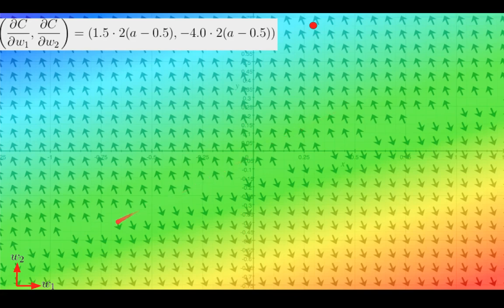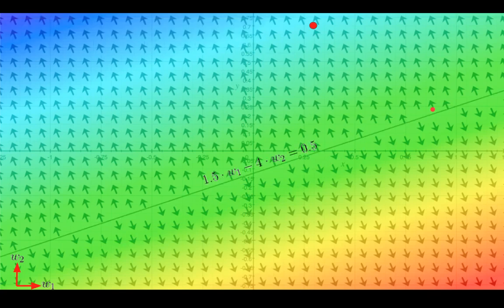As you can see, spoiler alert, the area where the minima are going to be is here. Actually, there is an infinite number of minima. So actually getting ahead of ourselves a little bit, but that's all right. Any pair of weights along this line would be an acceptable answer to our optimization question. So here we have taken the input 1.5, -4, multiplied by the weight vector, and set that to 0.5, and this is the line that is plotted consequently.